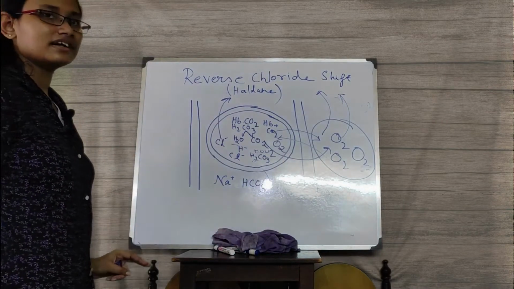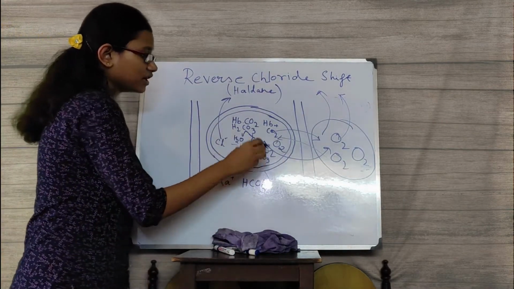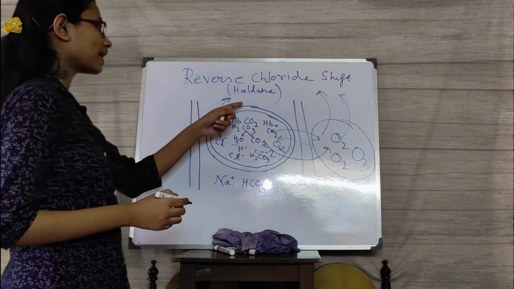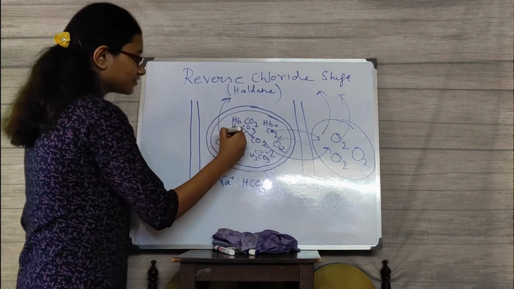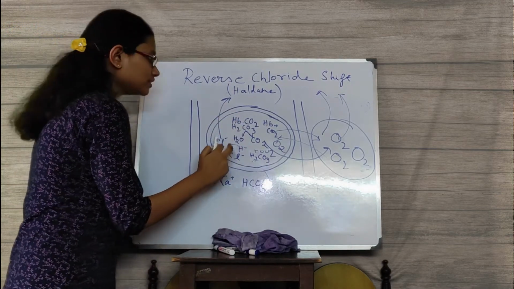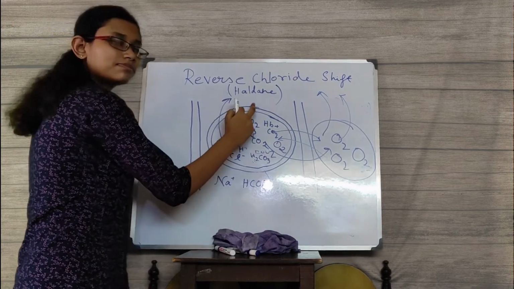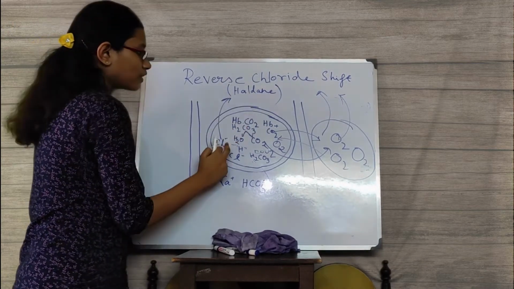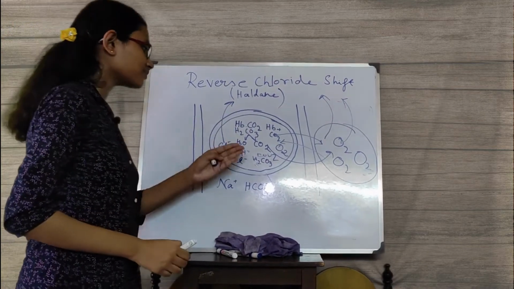Now you can see that it is just the reverse of the previous one, where the chloride ion is shifted from the cell to the plasma. This one is known as the reverse chloride shift. Now what are the main points of this phenomenon?